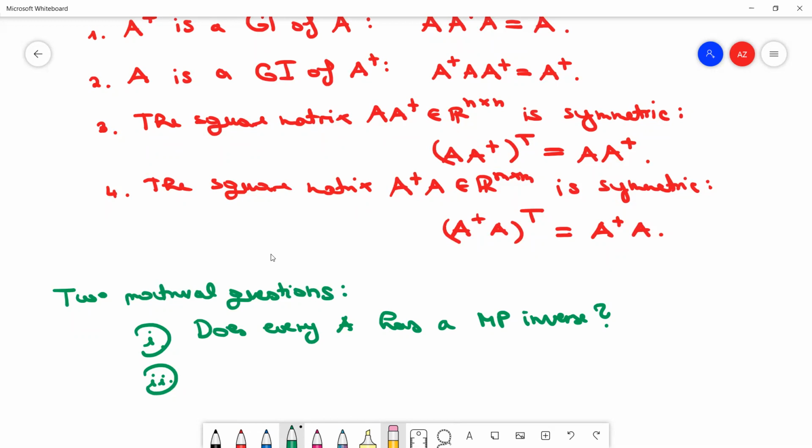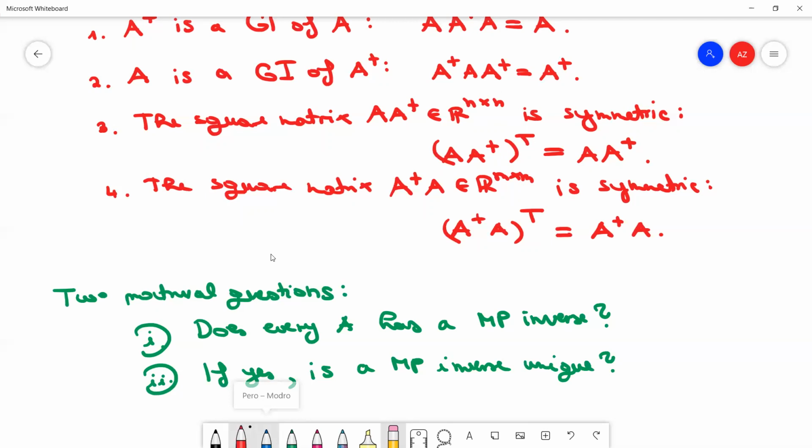And if yes, is a Moore-Penrose inverse unique? I've already told you the answers to both questions in the introduction.